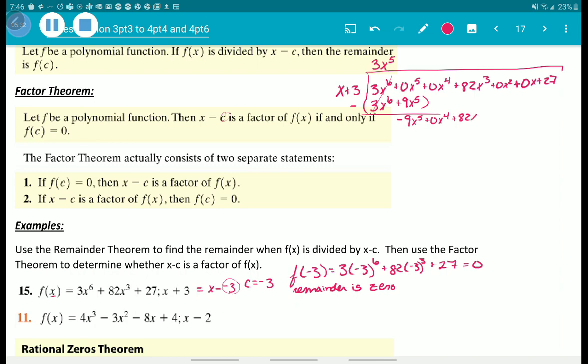And then we bring everything else down. So then we do the same process. How many times does x go into negative 9x to the 5th? It goes negative 9x to the 4th times. Multiply through. Negative 9x to the 5th minus 27x to the 4th. Subtract. The x to the 5th cancel, and we have a positive 27x to the 4th. So you can see how tedious this is going to be.